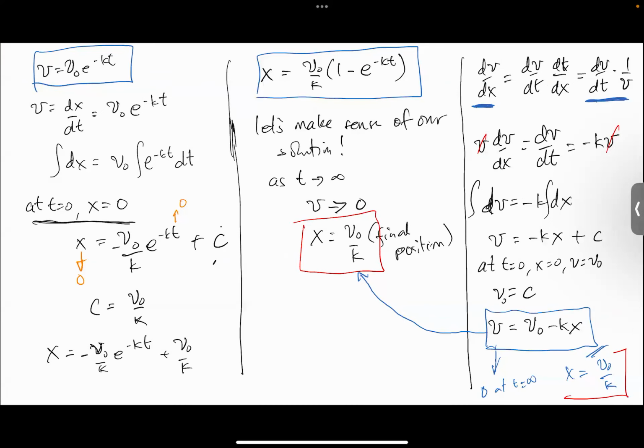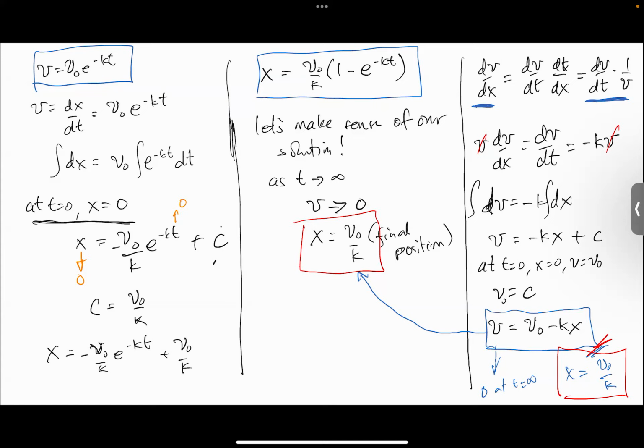Okay, so yung equation na ito na na-derive natin that relates v with x is consistent with everything that we've solved so far. Okay, so yan ang pinaka-simpleng system na nag-undergo ng air resistance.